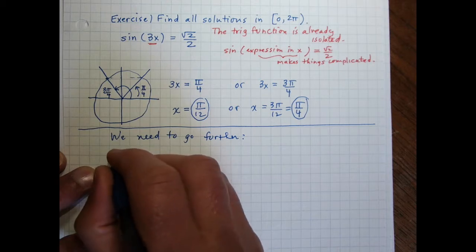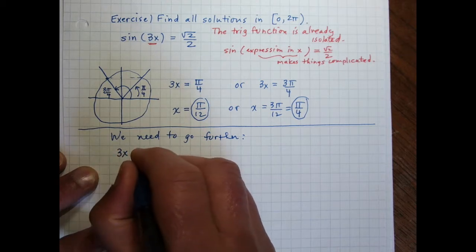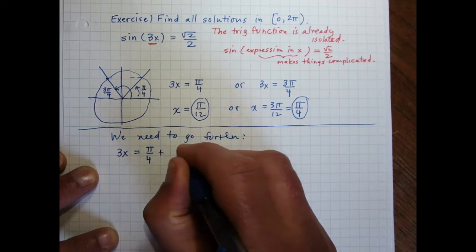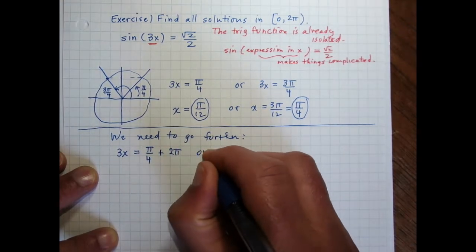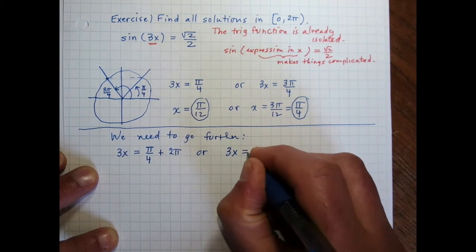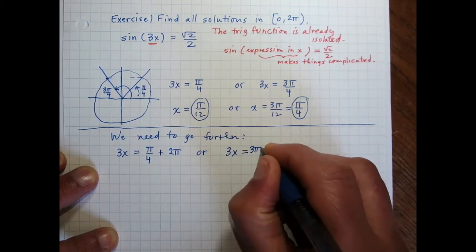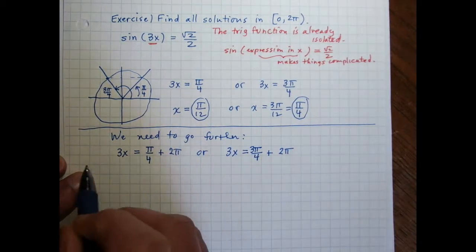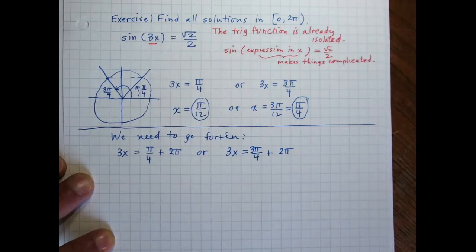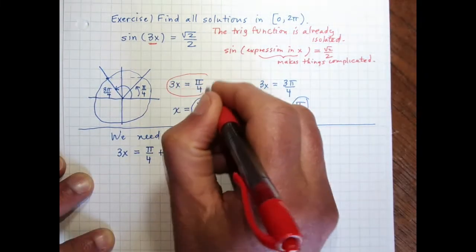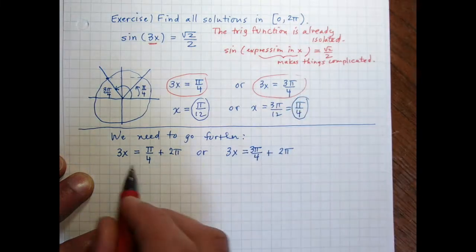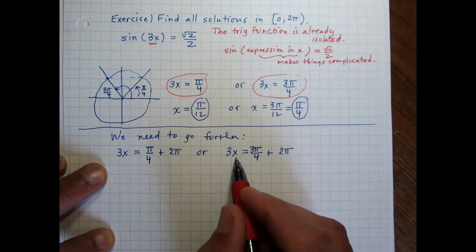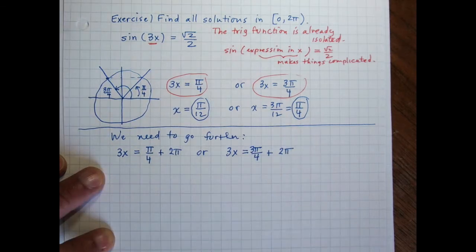So we have our expression inside the sine, 3x. That could be equal to pi over 4 plus 2 pi. Or 3x could be equal to 3 pi over 4 plus 2 pi. And so I took my original pi over 4 and 3 pi over 4, but now I'm setting 3x equal to pi over 4 plus 2 pi, and 3x equal to 3 pi over 4 plus 2 pi.